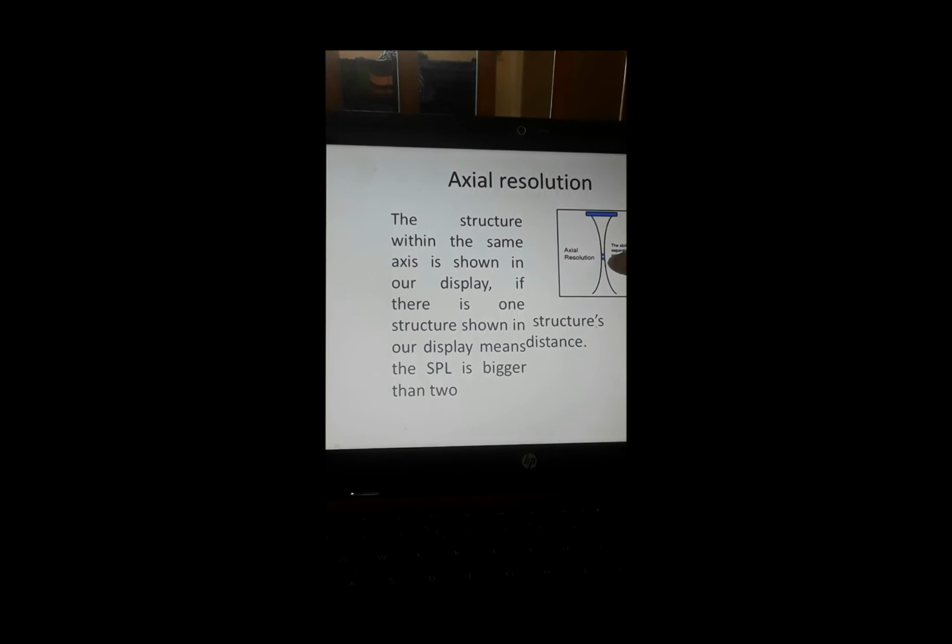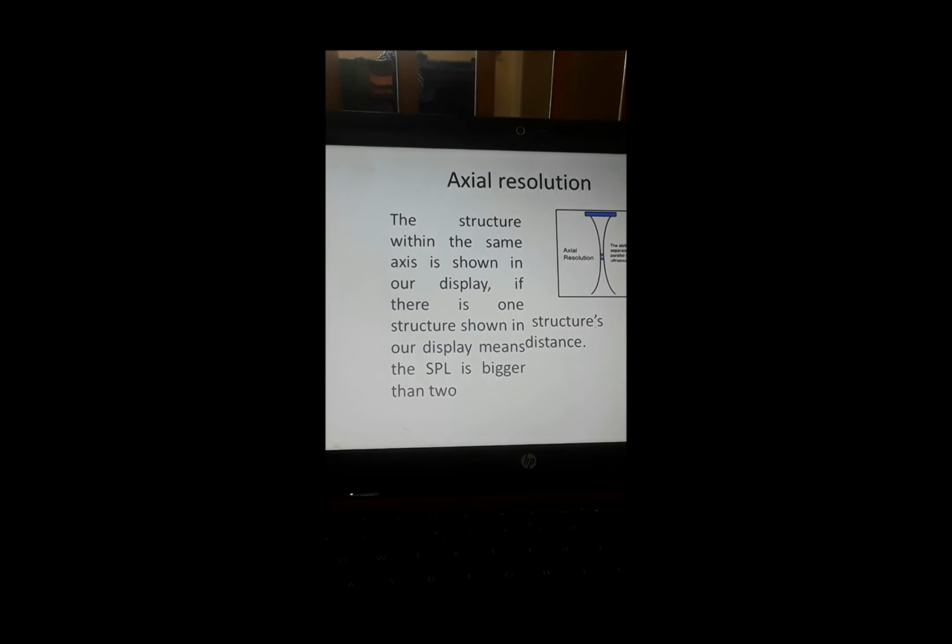There are two structures parallel to each other, along the same main axis of the ultrasound beam. If half the SPL is shorter than the distance between the two structures, our display will show two different structures.